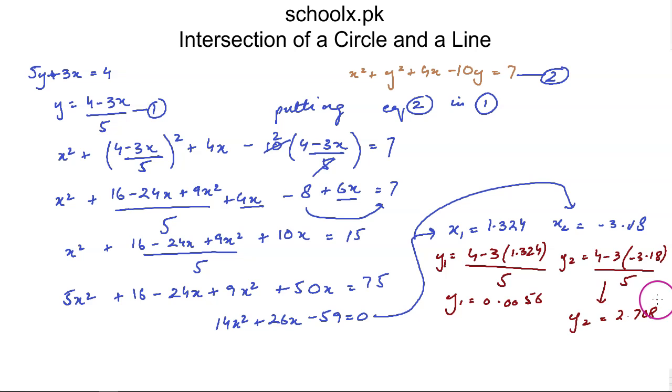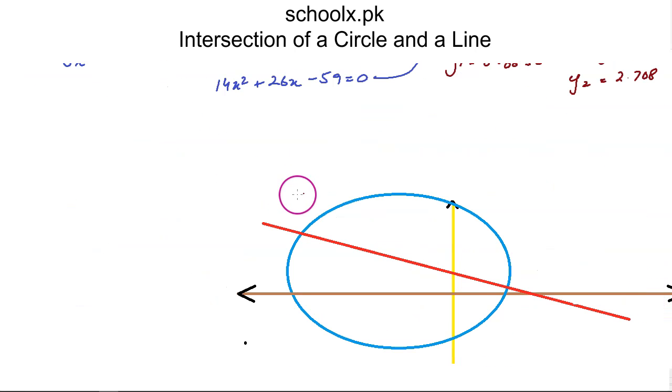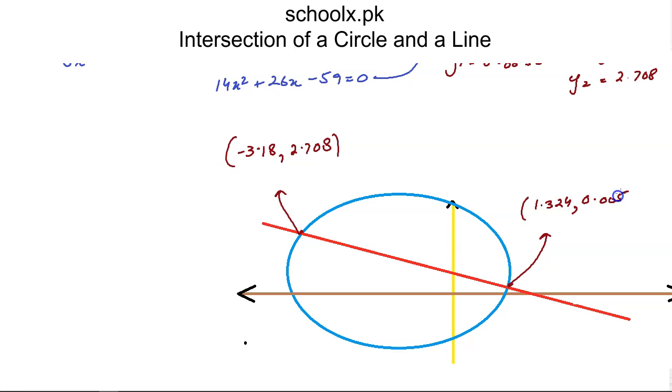Now we have two intersection points. This one is negative 3.18, comma, 2.708. This one is 1.324, comma, 0.0056.